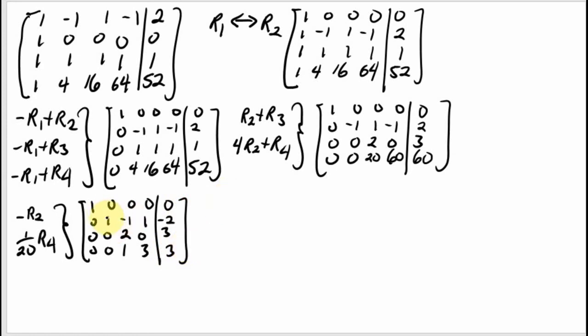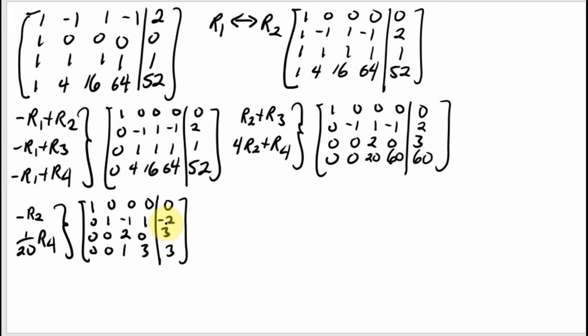So now we're going to move to this third column, third row, at A33. That's where that 2 is, and we want to get a 1 there. By getting a 1 there, that'll give us a fraction over there.